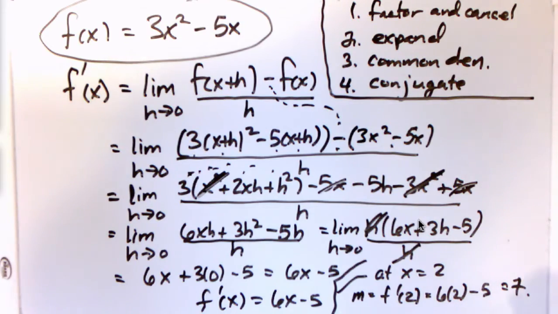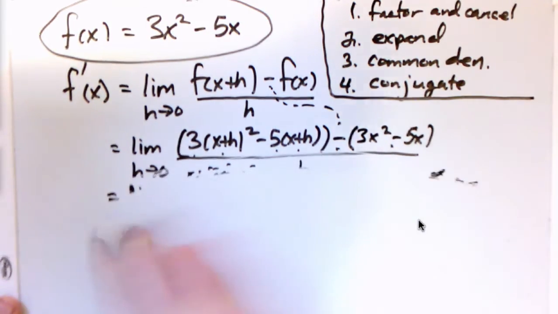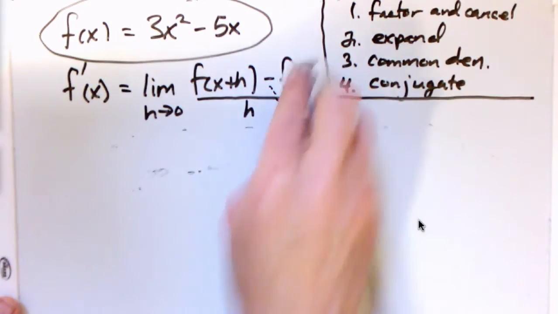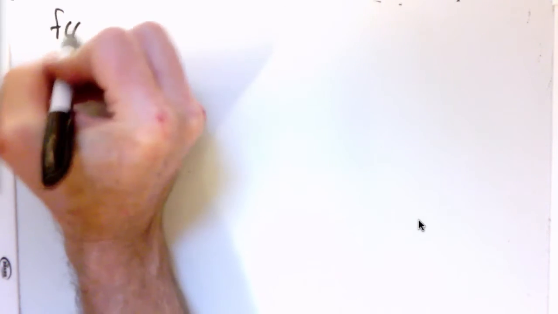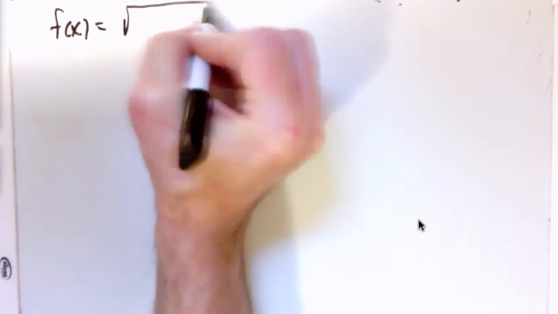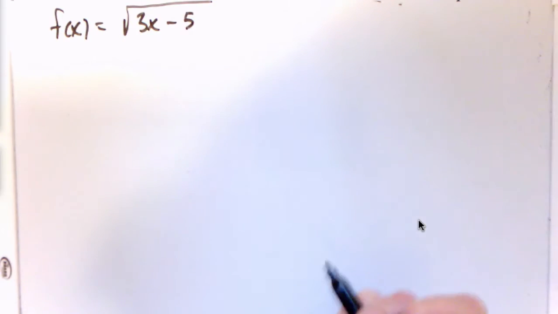Let's try a function involving square roots. I'm just going to make one up here. Let's say the square root of 3x minus 5. I seem to be fond of 3's and 5's at the moment.